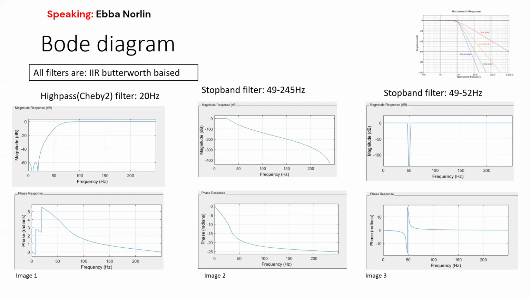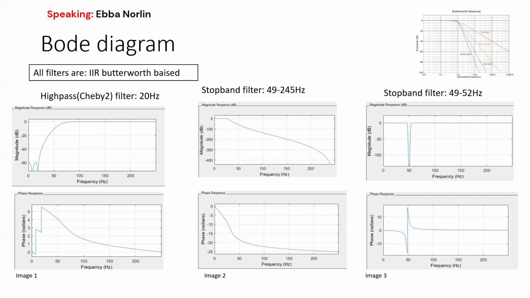IIR filters are better in this work generally, since they often work faster and require no phase information, compared to a FIR filter that is better when you have a linear phase response. So when you don't have a linear curve, it's better to use an IIR filter. And the Butterworth has no ripples in the stop band, and it's made to monotonically decrease the frequency response in the transition region.